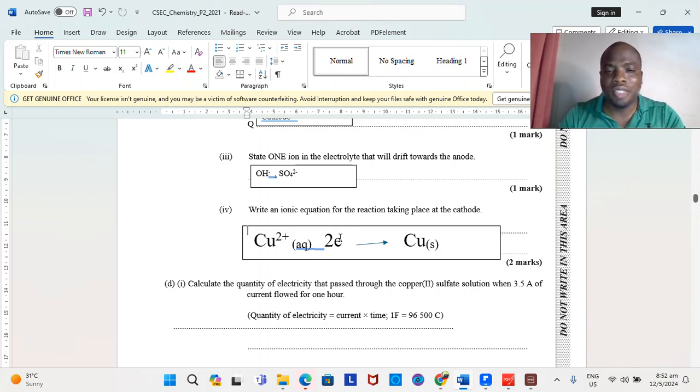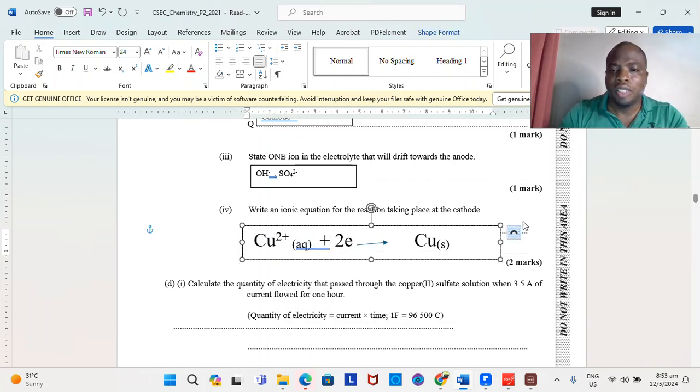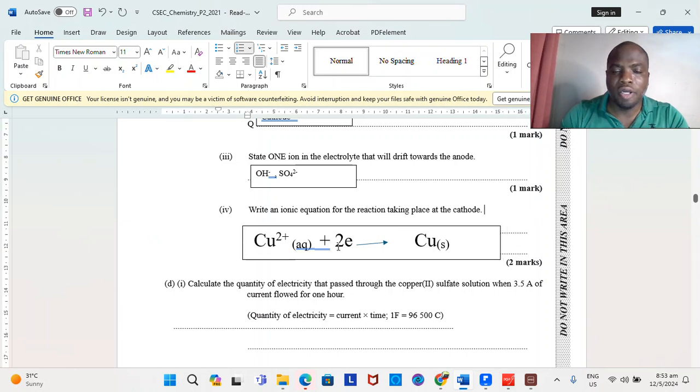If it is oxidation, we write the electrons on the right hand side. So since we are doing reduction, this is what your ionic equation will look like. And once you get to this, it is very important to note what is the relationship in terms of moles.